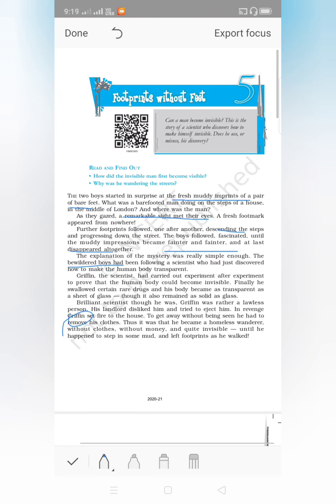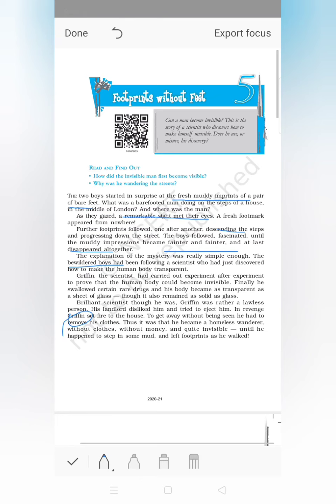They started wondering what a barefoot man was doing on the steps of a house in the middle of London. So they started thinking, where was the man then? As he was nowhere to be seen, they kept on searching, where is the barefoot man and what is he doing in the middle of London?